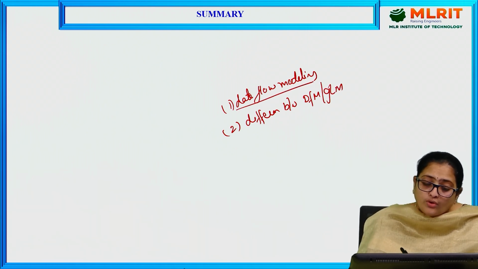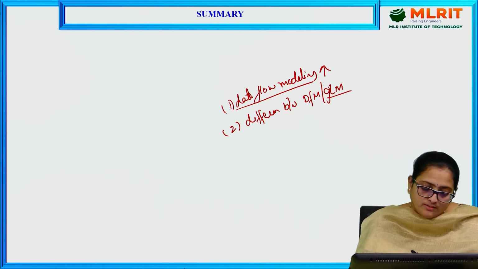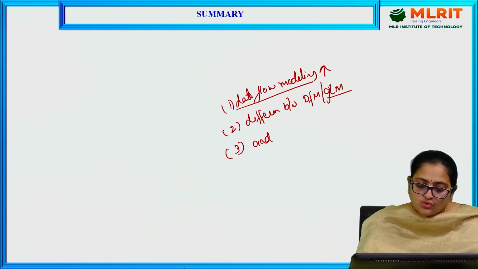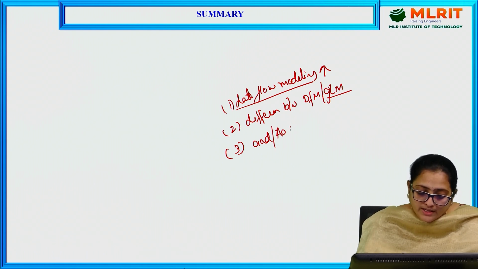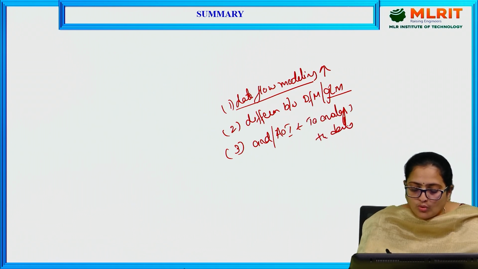And data flow modeling is a higher level compared with gate level modeling. And we have taken two examples, AND as well as AOI gates, to analyze data flow modeling.